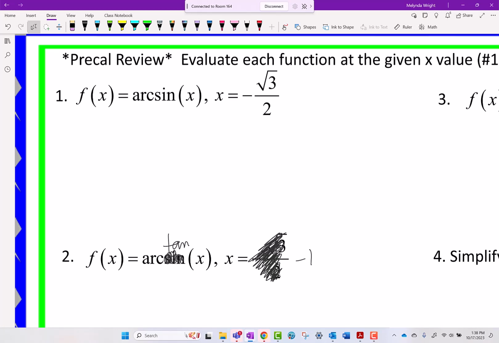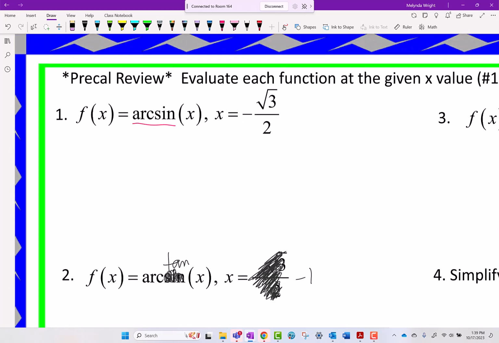All right, so let's look. This is arcsine, and the x value is negative. Look back at our chart that we just did. What happens when arcsine has a negative x value? Which quadrant are we supposed to go to? Quadrant 4.